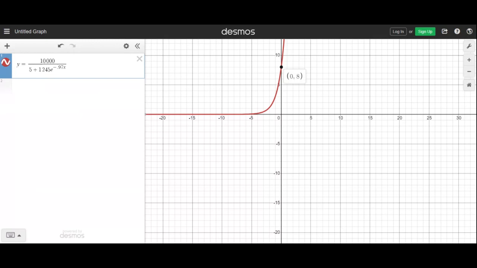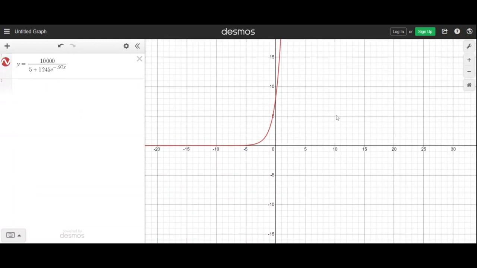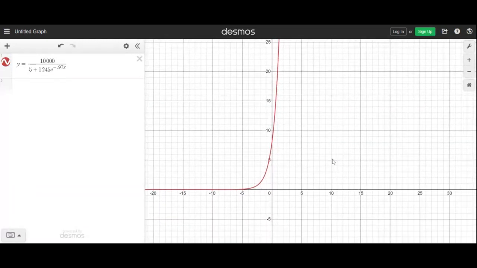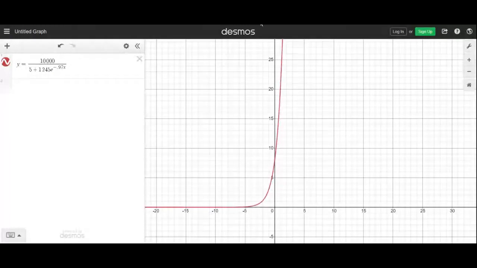that's 8 people. Now, what's going to happen as I continue to go up here? So as my time goes on, what's happening to the number of people infected? It increases, right? And it increases at an exponential rate because the more people get infected, the more people there are to infect other people. And so this thing's going to grow exponentially.